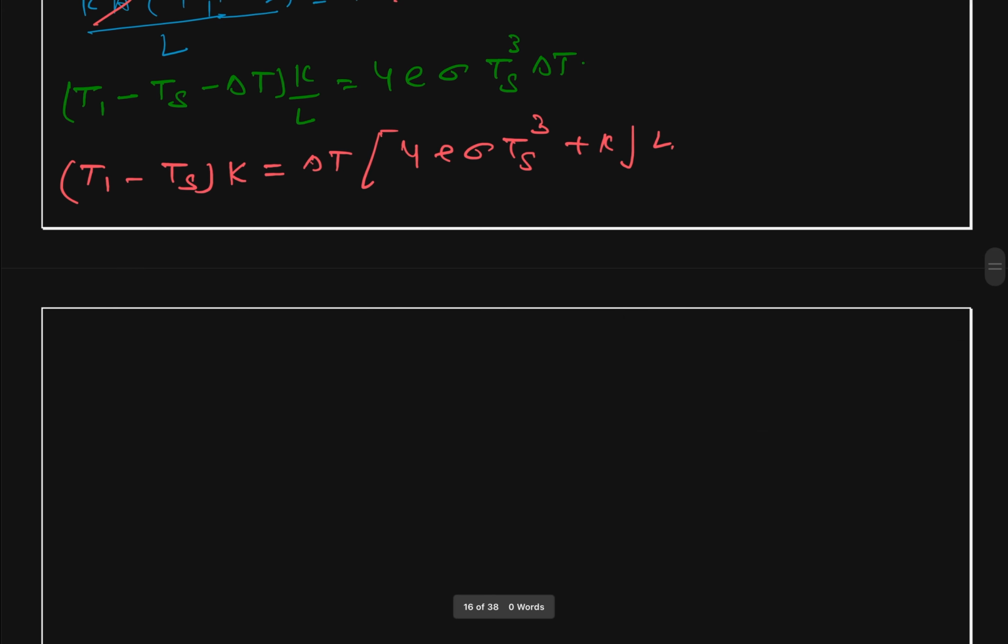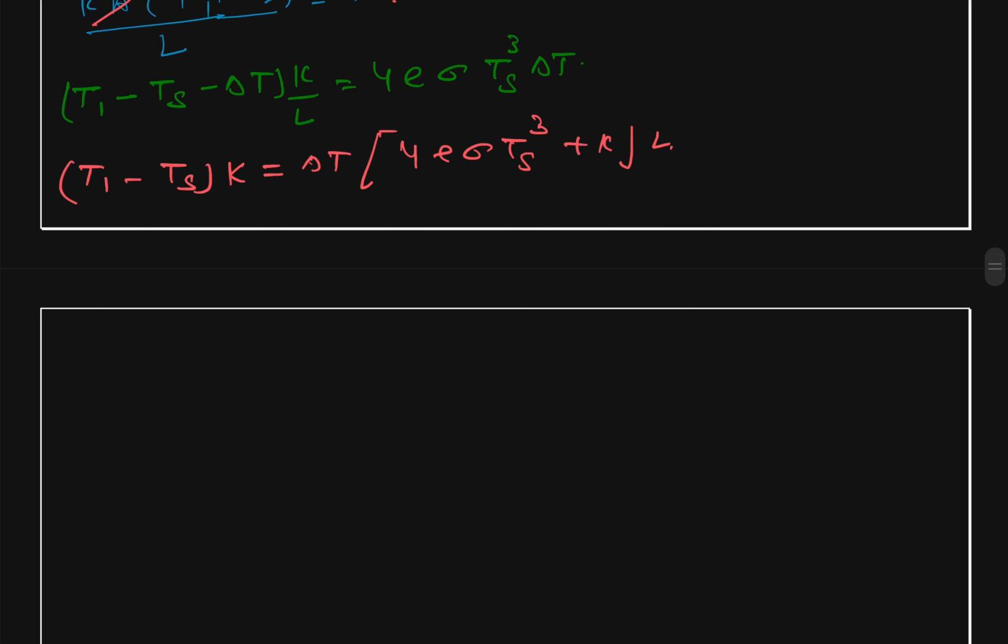Therefore, our delta T will be equal to K (T1 minus Ts) divided by (4 E sigma Ts cube L plus K).